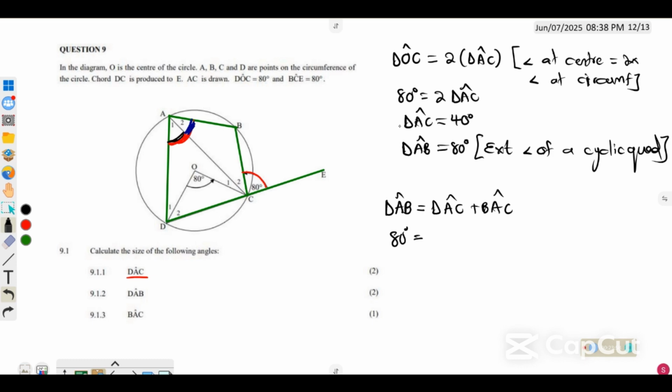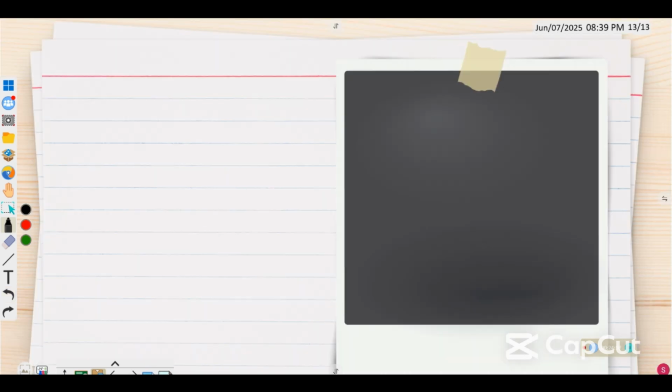DAC was calculated in number 1 to be 40 degrees, plus BAC. Hence we have BAC equal to 40 degrees as well. Which means the line AC bisects angle A. This is equal to that. Right. And that marks the end of cyclic quadrilateral. So we will be back with tangents, and then we should be done.